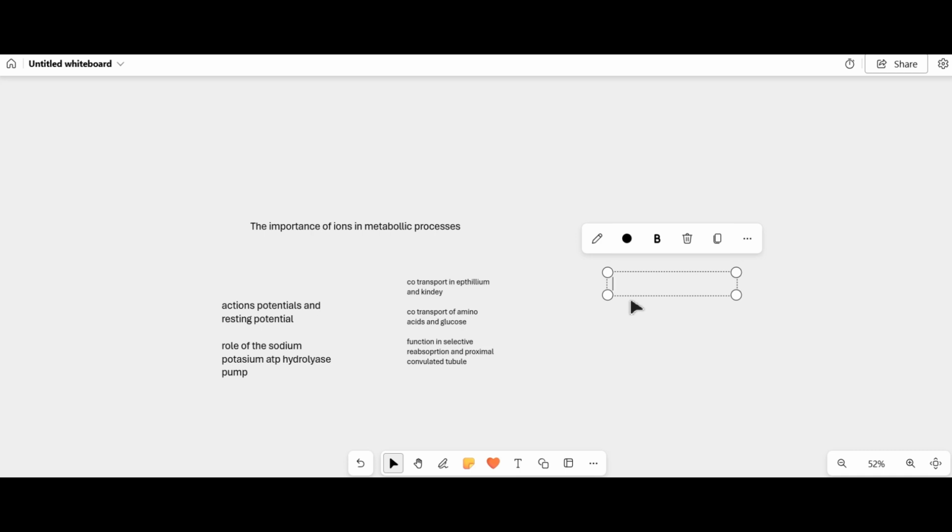Alright, calm. Also, I can talk about muscle contraction. So things like calcium ions being used, and troponin and tropomyosin.